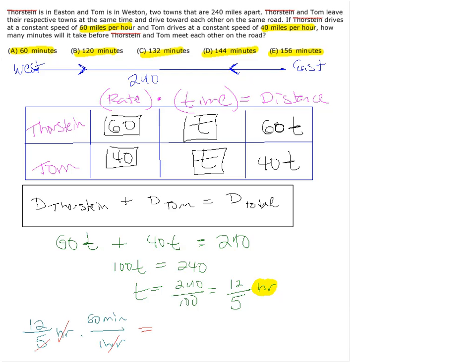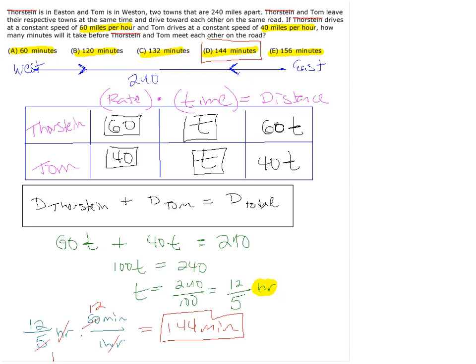So we'll do this strategically. 5 goes into 5 once, 5 goes into 60 12 times. So this is 144 minutes. In other words, 12 fifths of an hour is the same thing as 144 minutes. And if we look up at the answer choices, that's answer choice D.